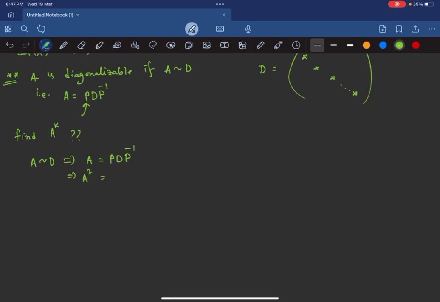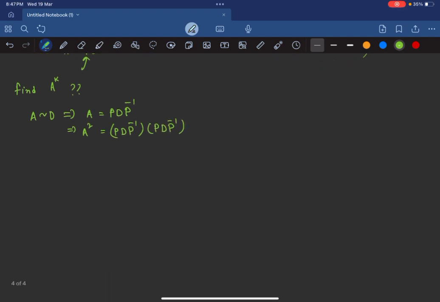Now just see here, A square. If you want to find A square, that means P D P inverse multiplied with again P D P inverse. If you do this, P D P inverse into P, here you have D P inverse, and we know P inverse into P means identity.